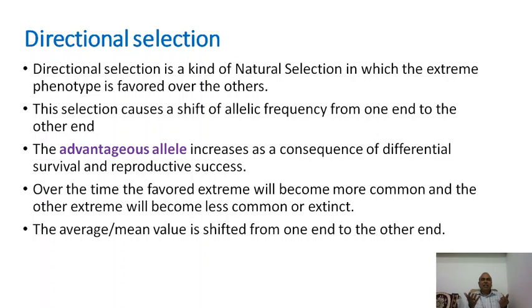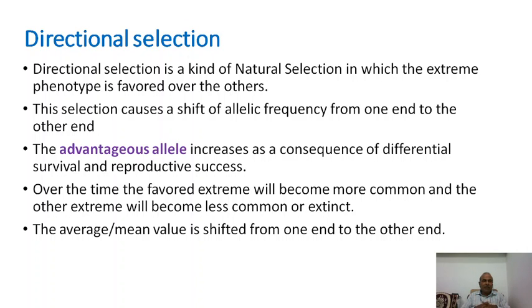In stabilizing selection, only average value individuals are selected. But here, nature selects an individual with one extreme value, and later if the environment changes, nature will also change its selection value. It will shift from one end to the other end.